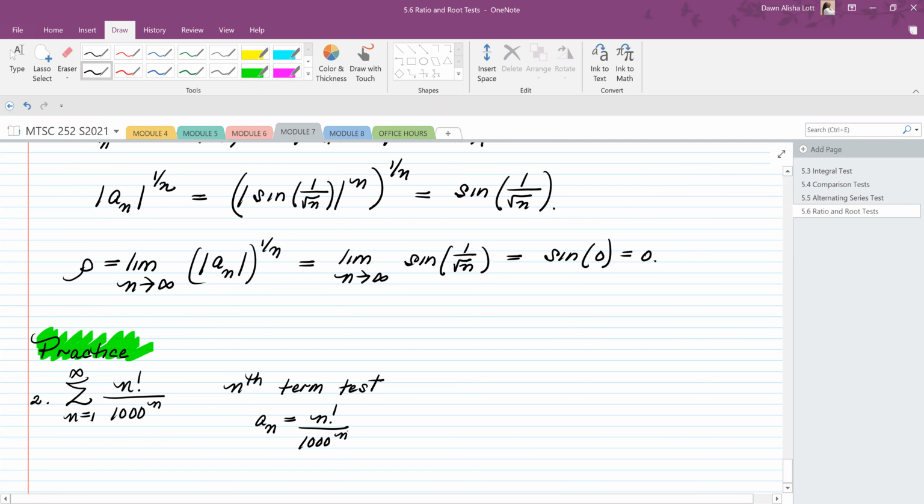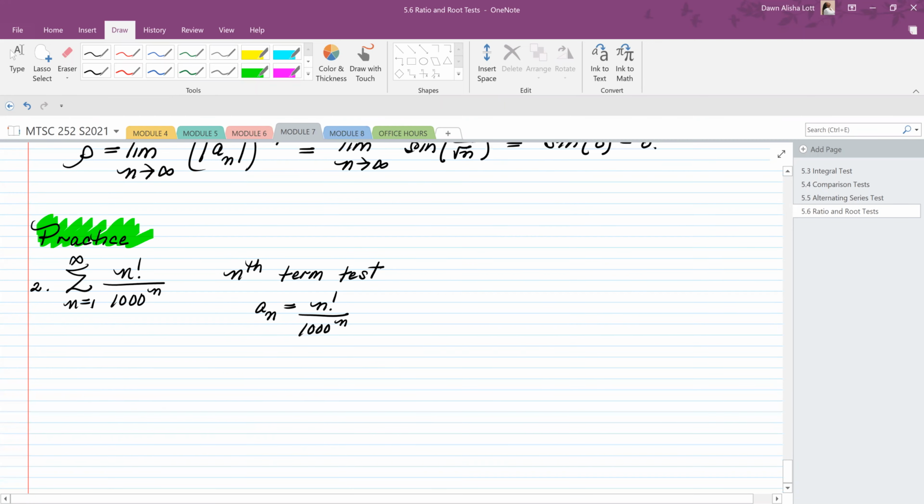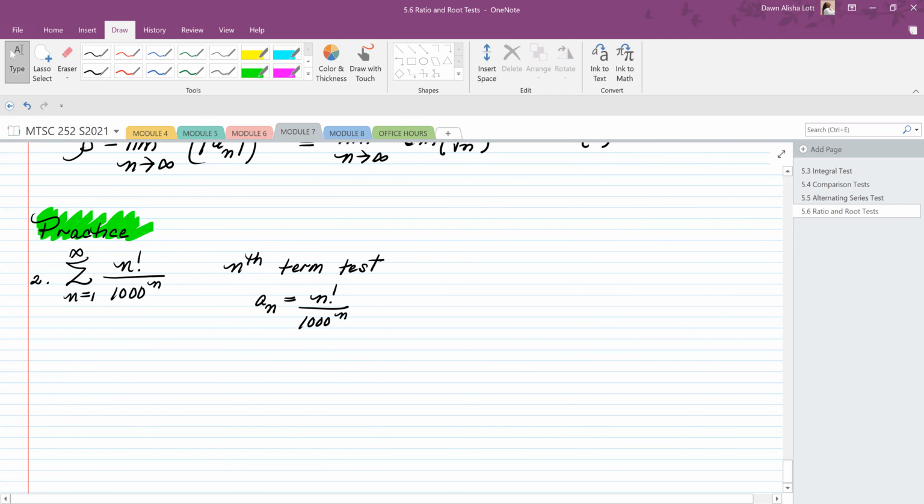But up until we get to the 1,000th term, the biggest numbers in the numerator are anything from 1 to 999. So let's look at the a 1000th term.